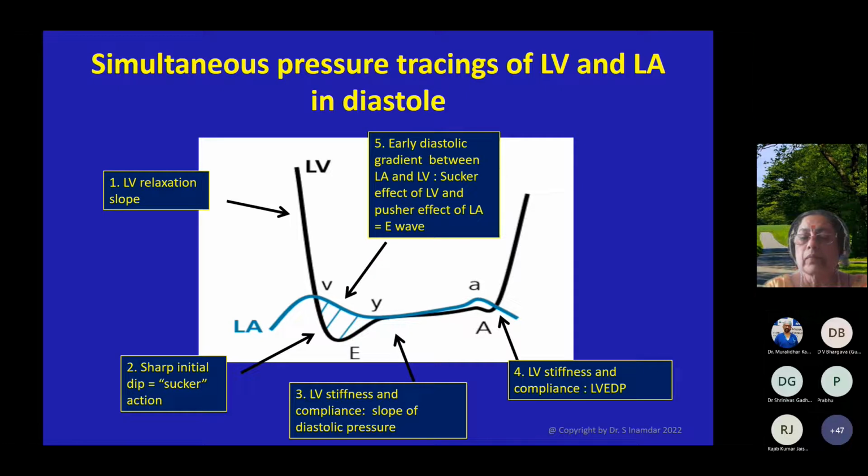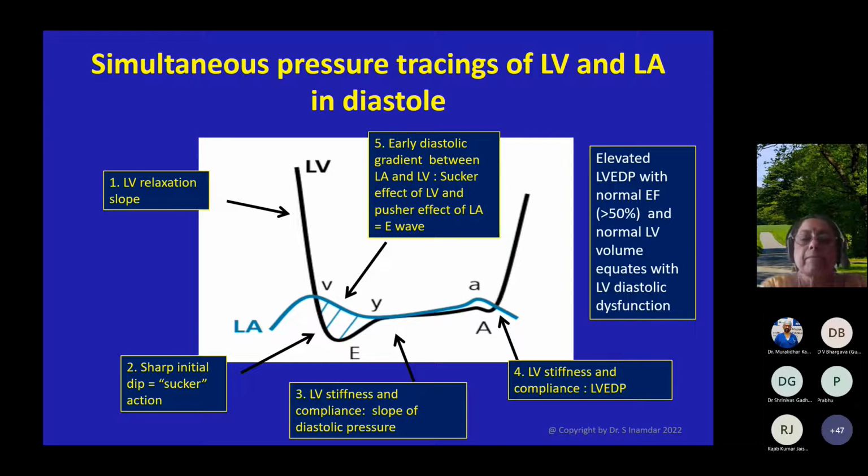So the early diastolic gradient between LA and LV, which happens due to the sucking action as well as a little pushing effect of LA, is normally responsible for the E wave on echocardiography. So what is the definition of LV diastolic dysfunction? This is very important because we have to all the time differentiate between systolic dysfunction and diastolic dysfunction.